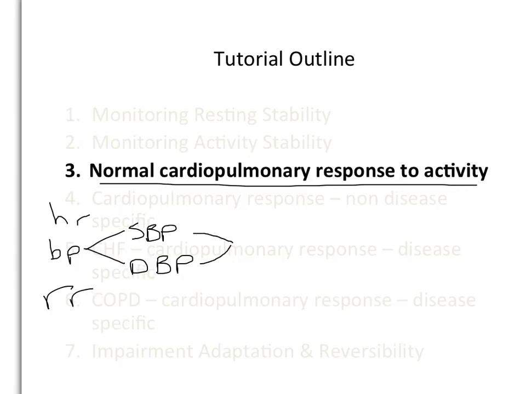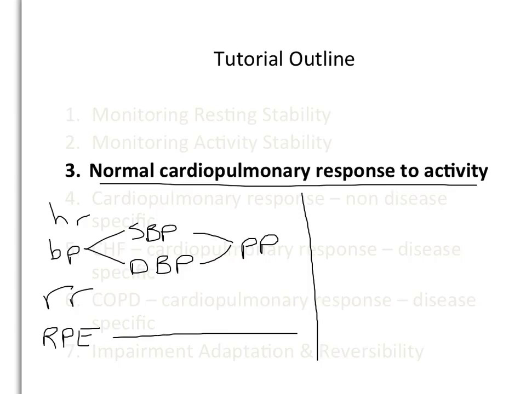These two together give us the pulse pressure. You can also get information about the rating of perceived exertion. So those are quantifiable, and this is quantifiable but also subjective.